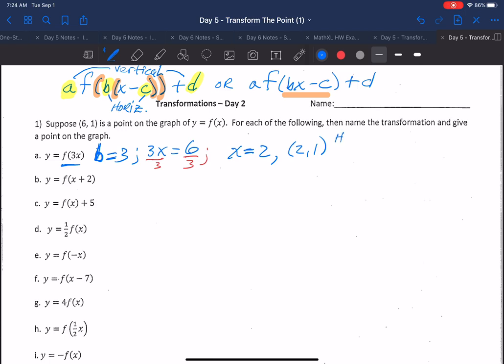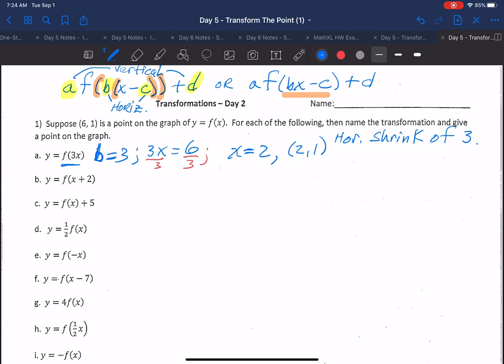And we say it's a horizontal, and I'm going to abbreviate, shrink of 3. Okay? 2 is 1/3 of 6. All right.